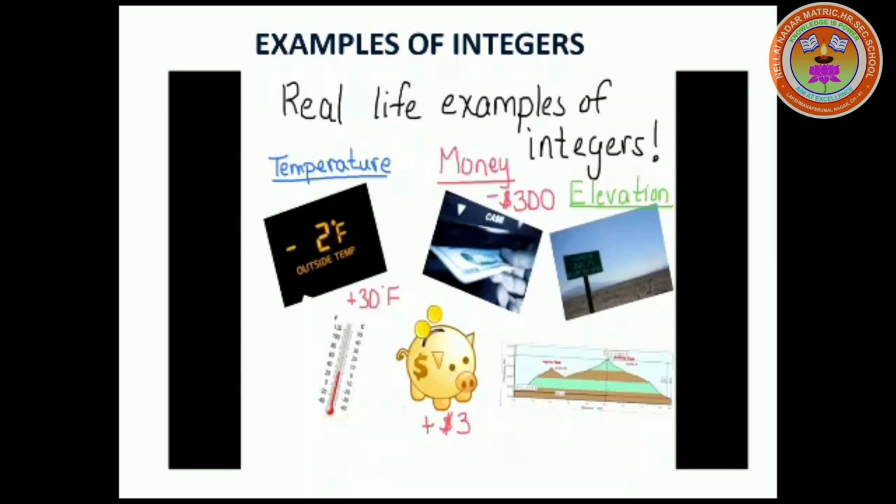So both plus and minus are used for measuring the temperature. Next, money. When we withdraw cash, it resembles a negative value, while when we save it, it becomes a positive value. Similarly, the elevation also.